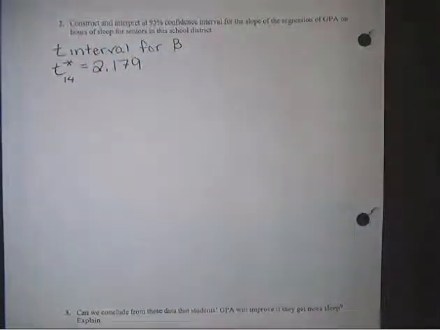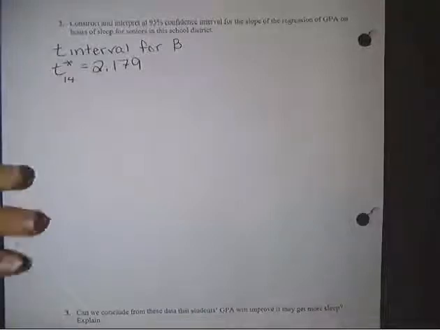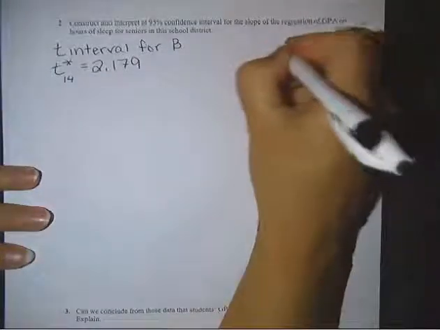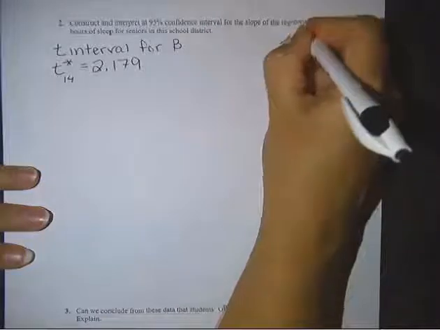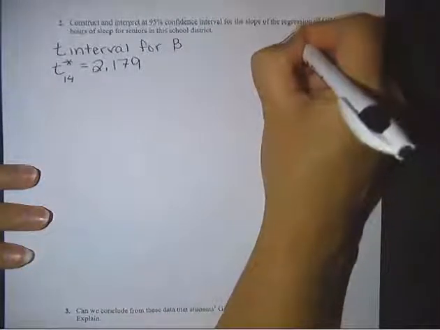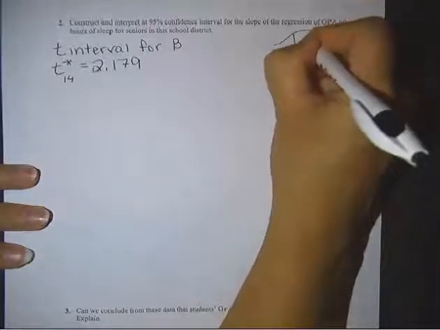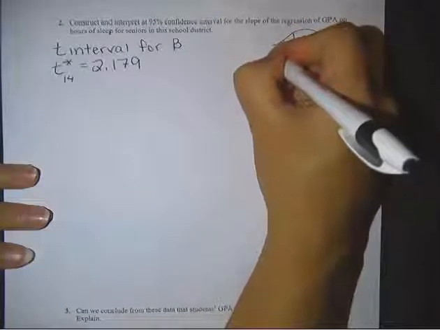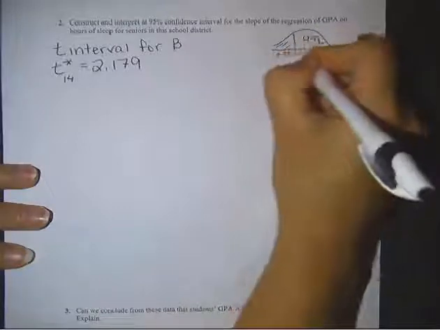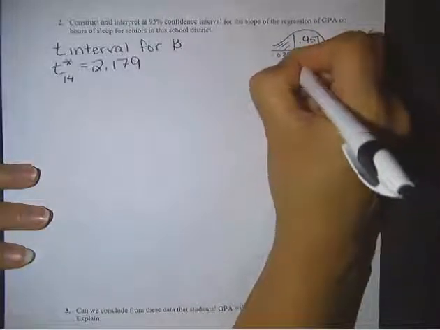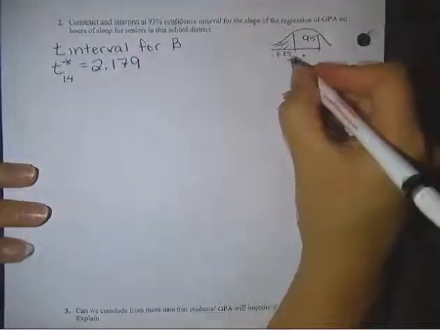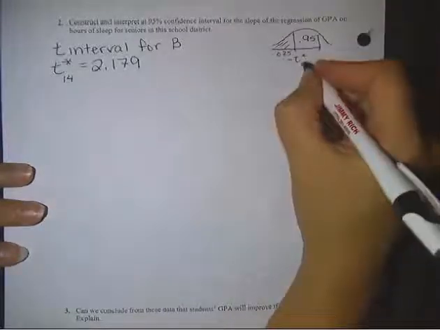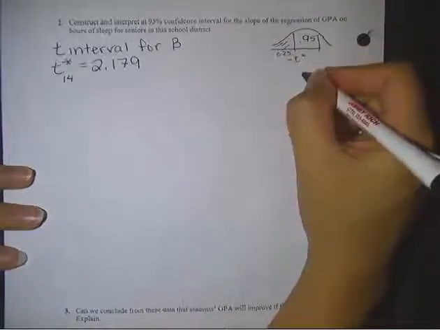If you want to use inverse t, you can, but remember, for a 95% confidence interval, if this is 95, then this area to the left is 0.025. And so if you're looking for the opposite sign, you don't want to put in the negative of this t value, you can put in inverse t of 0.025 and get it that way, but make sure you report the positive. And also, you're going to be putting in your 14 degrees of freedom.